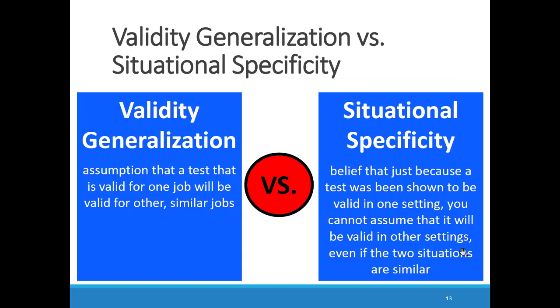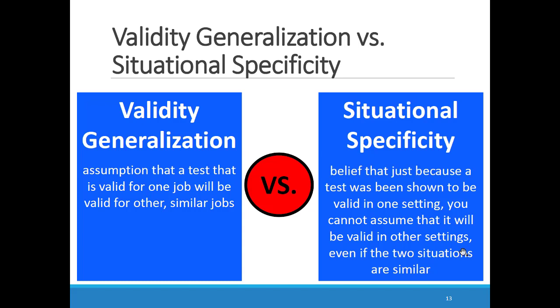How about a test for police officers versus firefighters? So do you think that you could take a test that was designed for hiring police officers and also use it to hire firefighters? What about EMTs? So this is what we're getting at when we talk about validity generalization versus situational specificity. Will the test be valid for other jobs or other situations, or is it really specific depending on the actual job?